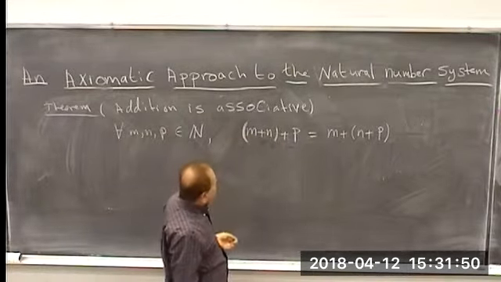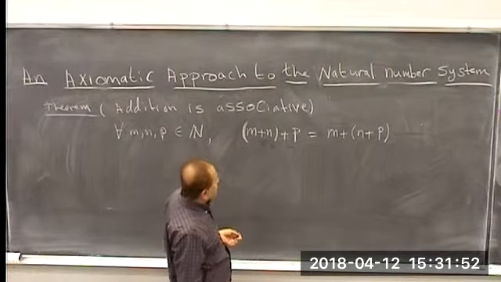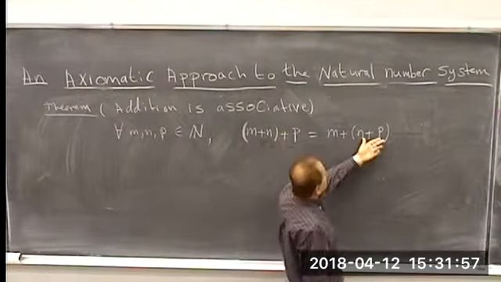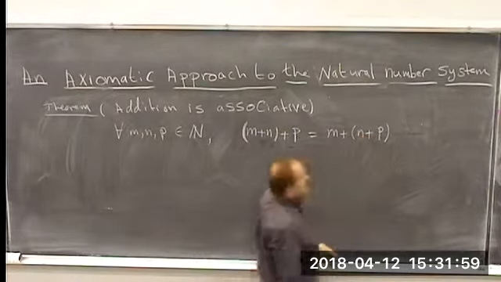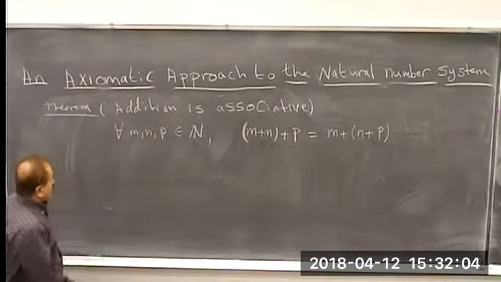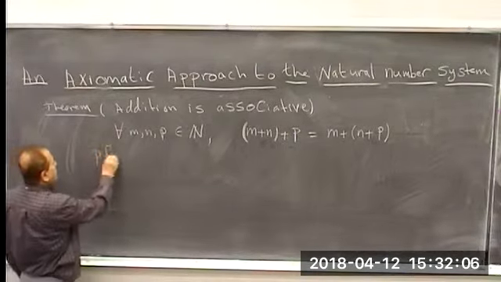The associative property says that you can get the same result if you add the n and the p first, and then add the m to it in this order. All right. Let's look at the proof of this.